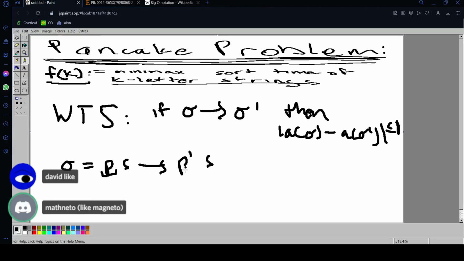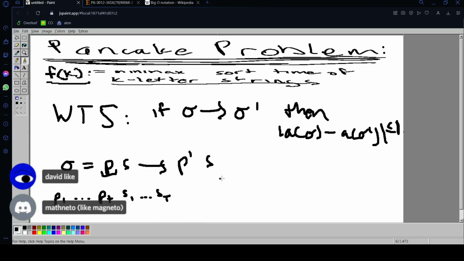So basically, if you unfold this even more, this is P1 through PT, and this is some letters S1 through big T, let's say.